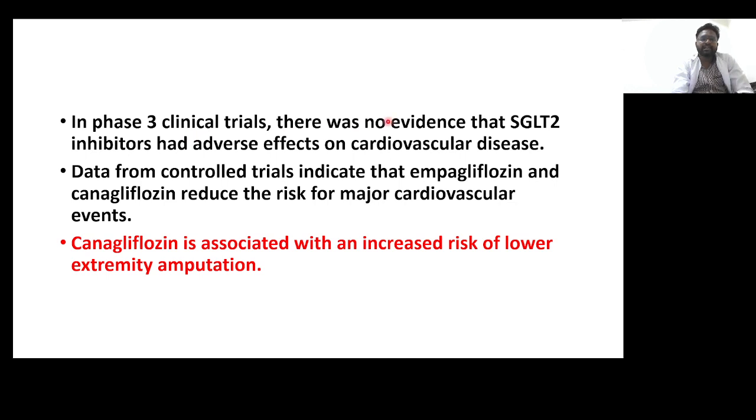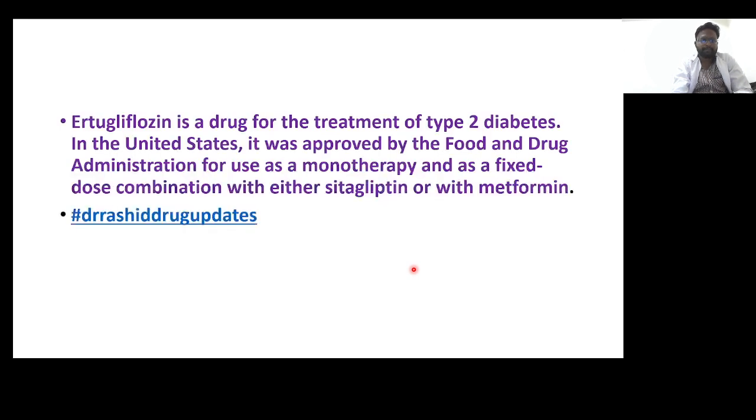In phase 3 clinical trials, there was no evidence that SGLT2 inhibitors had adverse effects on cardiovascular disease. On the contrary, data from controlled trials indicate that empagliflozin and canagliflozin reduce the risk for major cardiovascular events. Unfortunately, canagliflozin is also associated with an increased risk of lower extremity amputations. A lot of fractures have been reported with this drug.